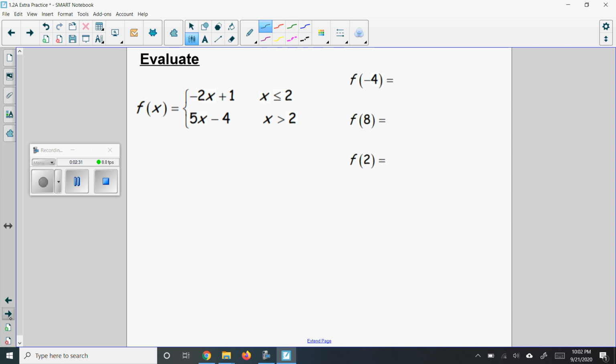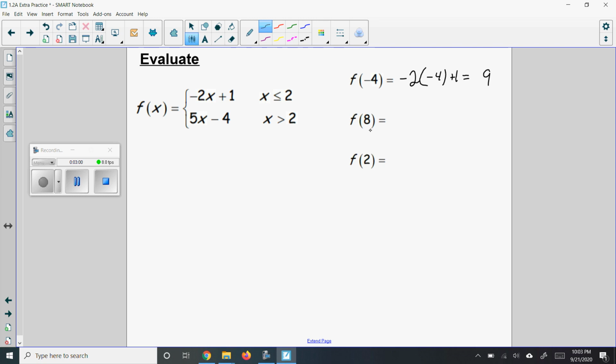All right, now let's evaluate this. When x is -4, I'm going to use this chunk right here because -4 is less than 2. So this is going to be -2 times -4 plus 1. -2 times -4 is 8, so this is 9.